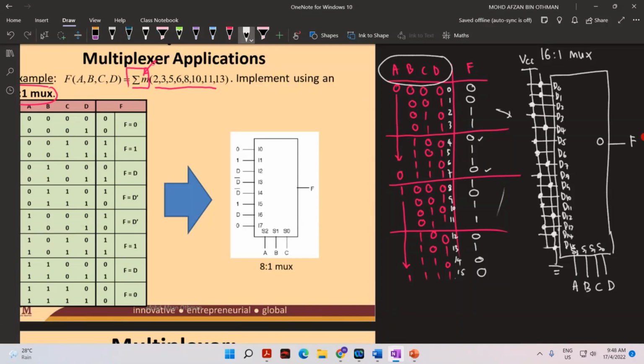So this is the circuit. Macam ni je kita guna, terus dapat implement this min term notation. Kalau 16 to 1 mux, tak perlu buat truth table pun tak apa, kamu boleh directly transfer from here, terus lukis kat sini.